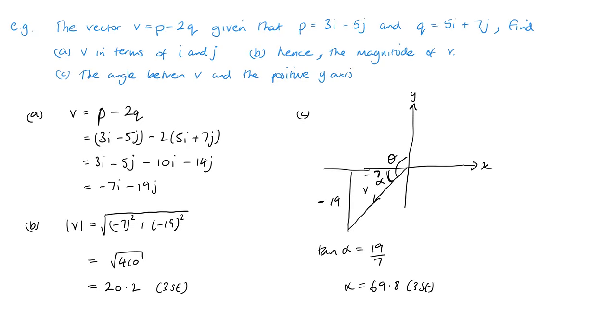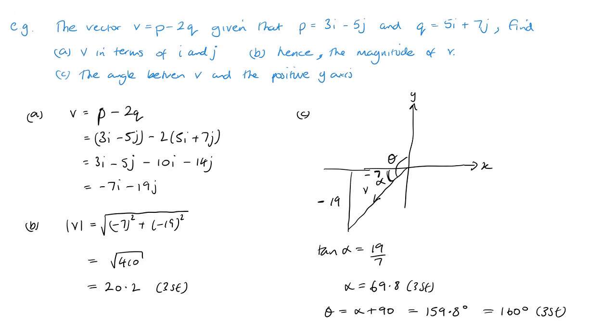Now theta is equal to alpha plus 90 degrees. So adding 90 degrees to that, I get 159.8 degrees, or 160 degrees to 3 significant figures, depending on what level of accuracy you want.